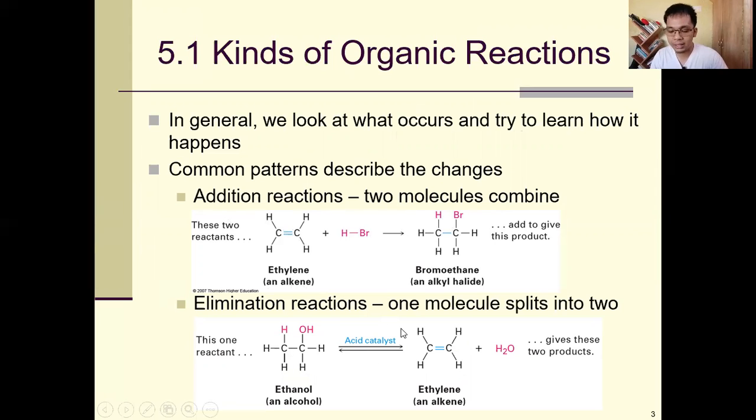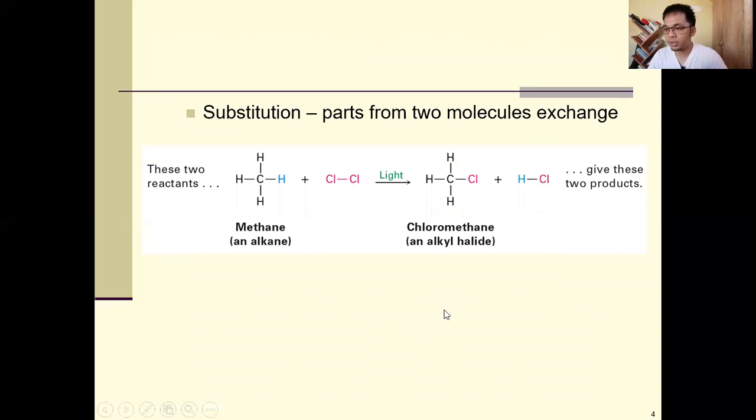With the action of an acid catalyst, our ethanol decomposes into ethylene or an alkene. Here, the H2O was lost, and from a single bond, we now have a double bond. Next is the substitution reaction. It is a molecular exchange where the atoms of the molecules exchange and participate in our chemical reaction here, where the H went here and the Cl went here to give two products.